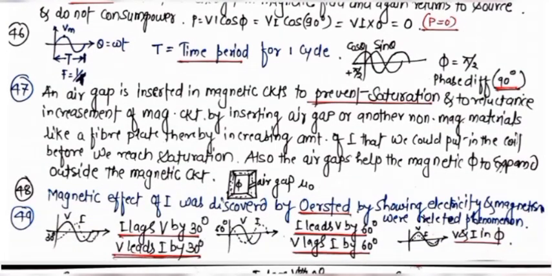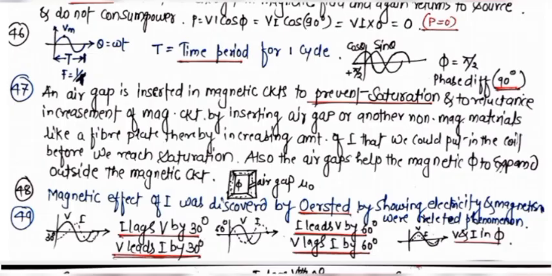An air gap is inserted in magnetic circuits to prevent saturation, by increasing the reluctance of the magnetic circuit. By inserting an air gap or other non-magnetic materials like a fiber plate, we increase the amount of current that could be put in the coil before we reach saturation.